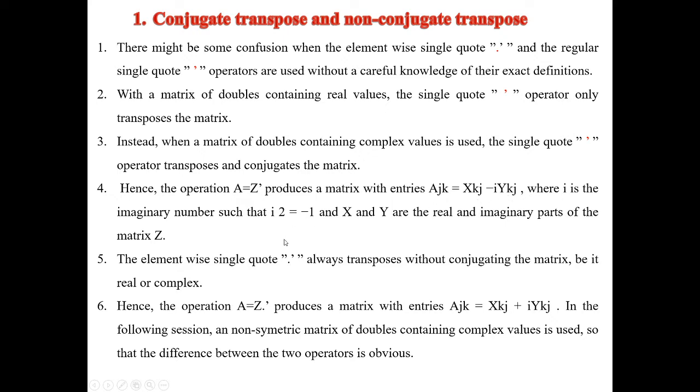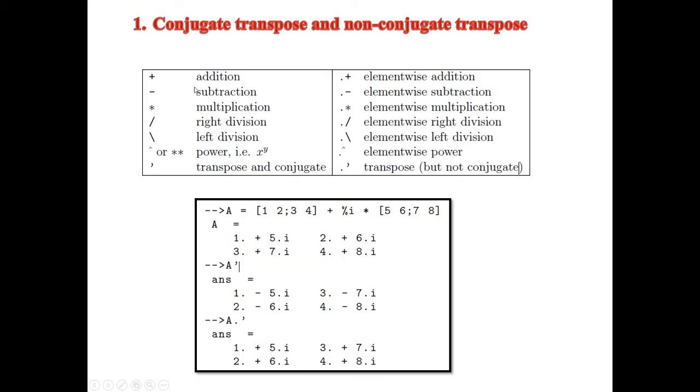When we see the example we will understand better. And here this dot always transposes the matrix, without conjugating. So A equal to Z dash will produce the matrix like this. These are some simple operations.